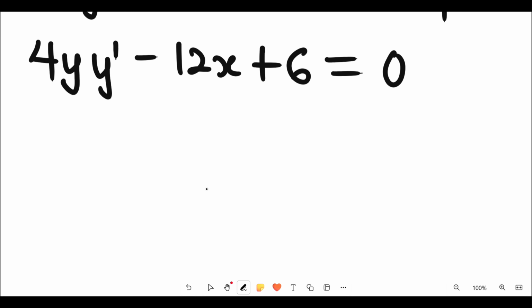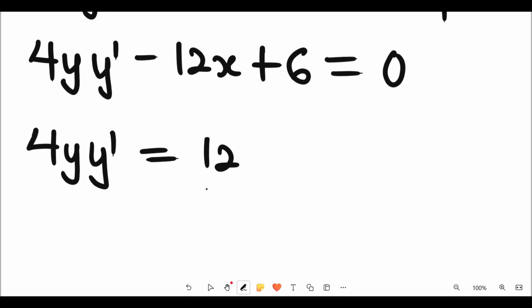All right. Then we continue to simplify. Now we need to find dy/dx. So we need to make y prime the subject, since y prime is the same as dy/dx. So we are going to get 4y multiplying dy/dx is equal to, we transpose all other terms to the right hand side, positive 12x minus 6.